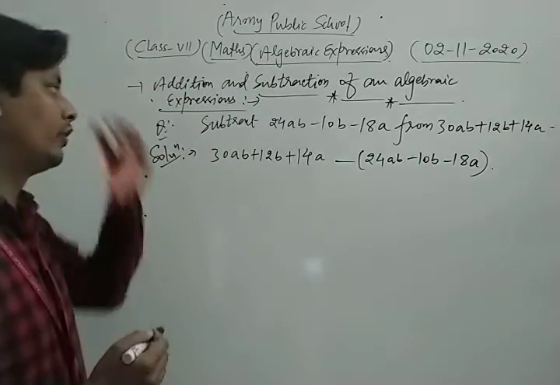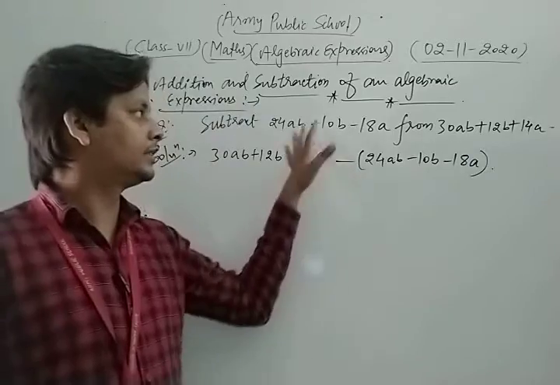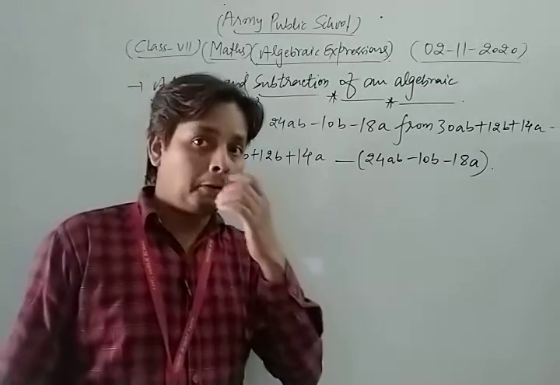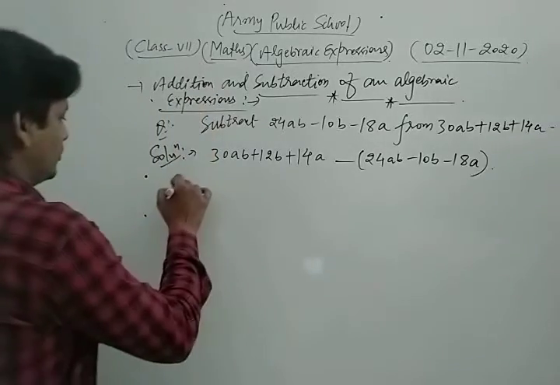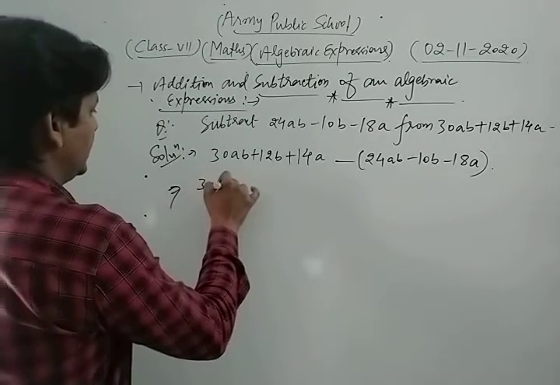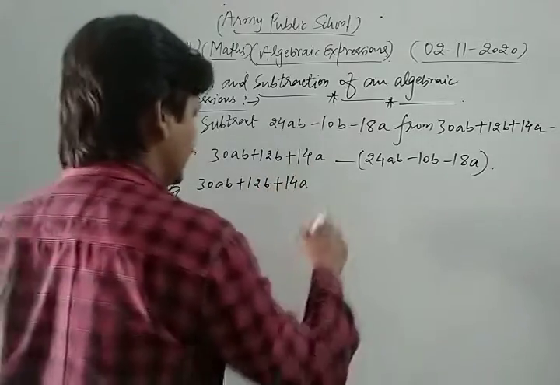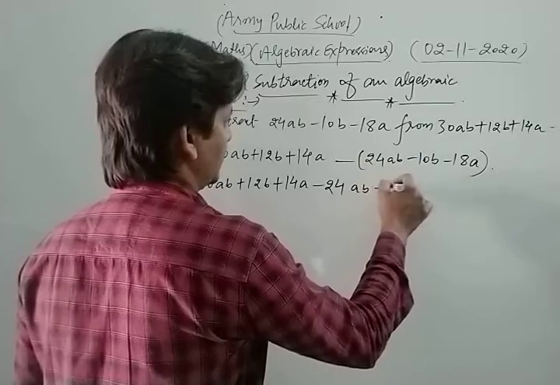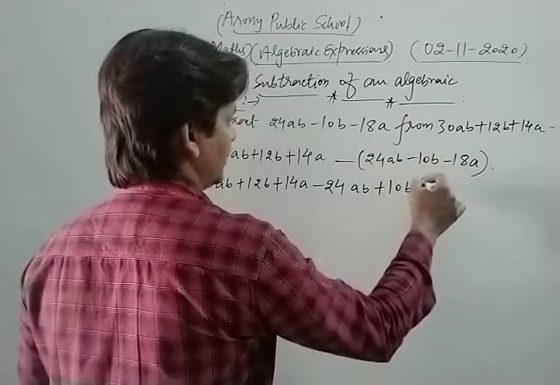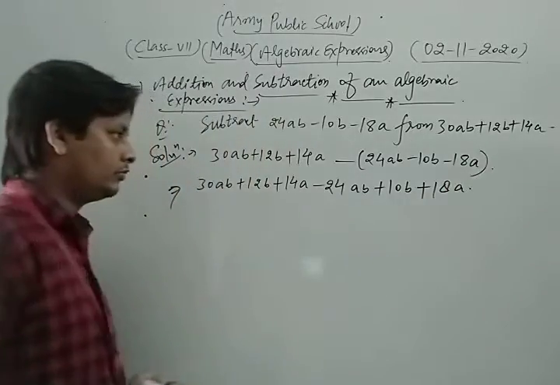Now first of all we break the brackets. We write 30ab plus 12b plus 14a minus 24ab plus 10b plus 18a.